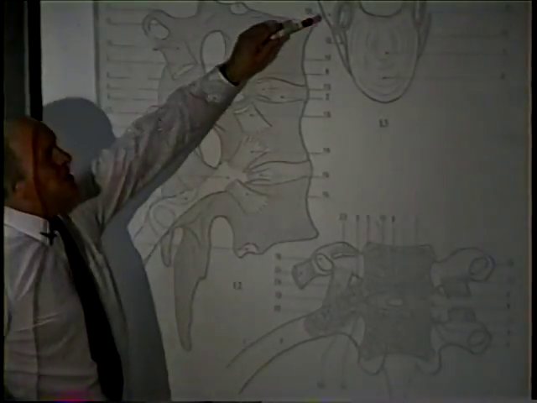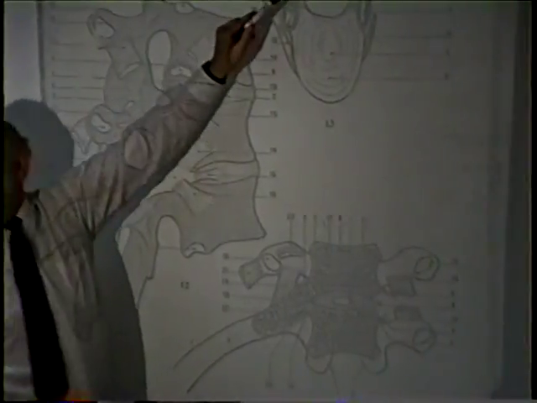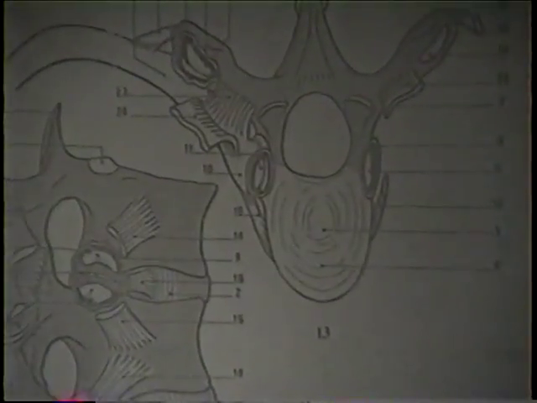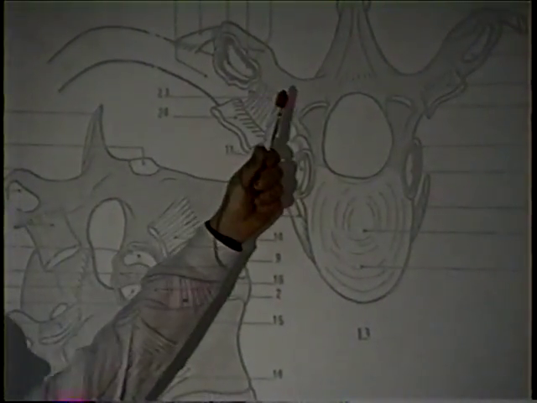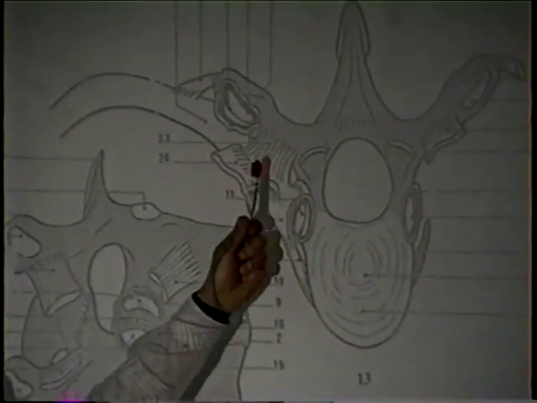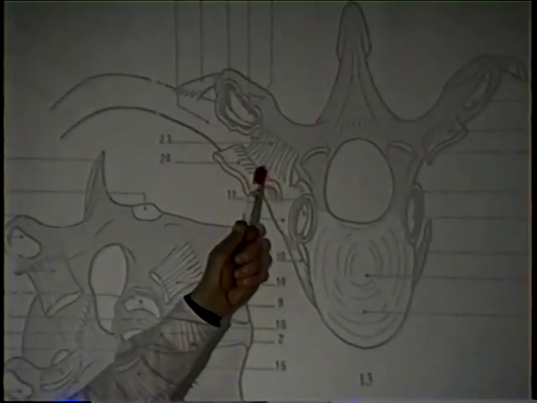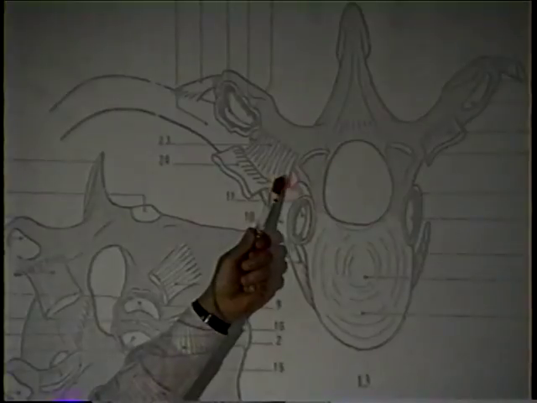Then we run out along the transverse process and the neck of the rib here, and we see that there are at least 3 or 4 ligaments attaching here. We've got the one between the transverse process and the neck, short little fibers, but keeping the neck and the transverse ligament together.